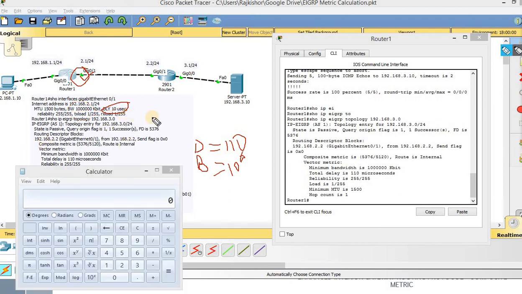Before I calculate anything, let me tell you what the feasible distance is, which is showing right now. I was trying to solve the topology for 192.168.3.0, which is this network, and the feasible distance is 5376. How has it been decided?